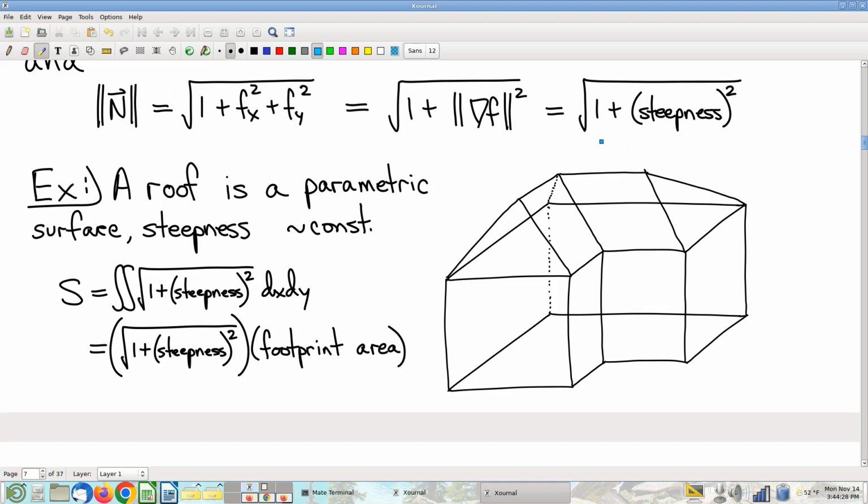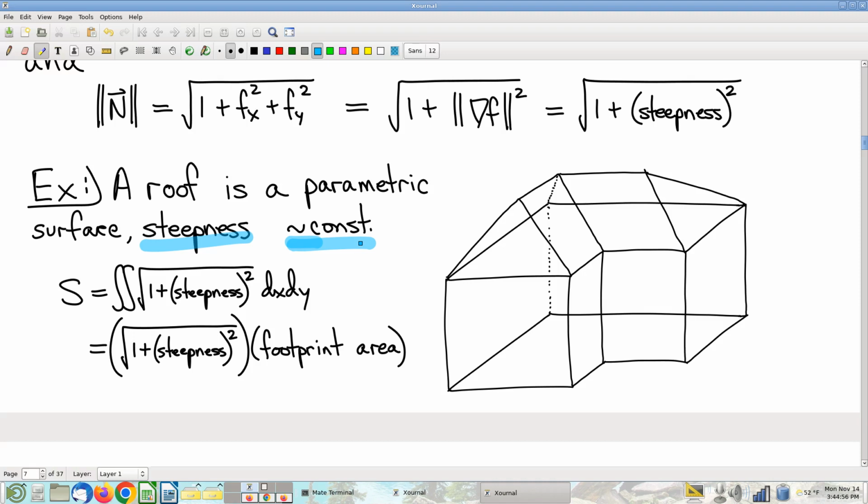Now, all exceptions granted. There's a lot of creative architecture out there, but many houses, I don't know if I'm quite comfortable saying most houses, but I wouldn't be surprised if it was most houses. The steepness, how steep is the roof, is approximately constant over the entire roof.